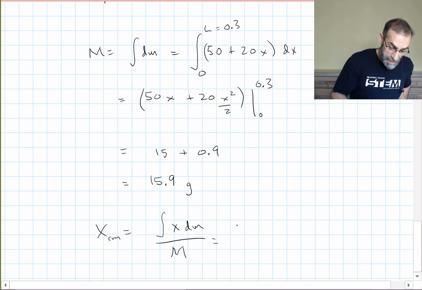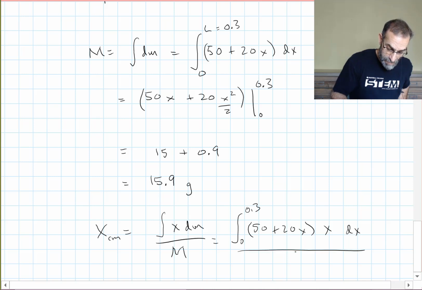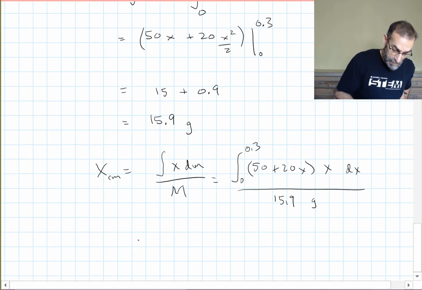The integral of x dm is going to be the integral of (50 plus 20x) x dx, from 0 to 0.3, over 15.9 grams.